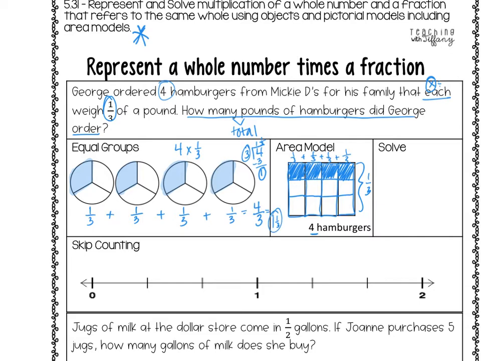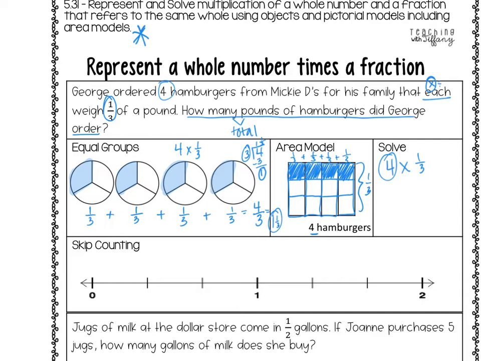Now we're going to learn how to solve this using the algorithm. So we have 4 wholes times 1/3 of a pound. When we used our equal groups in our area model, we found out that 1/3 plus 1/3 plus 1/3 plus 1/3 equaled 4/3. So we're going to multiply these. When multiplying a whole number by a fraction, it's best to turn our whole number, so that would be our 4, into a fraction.